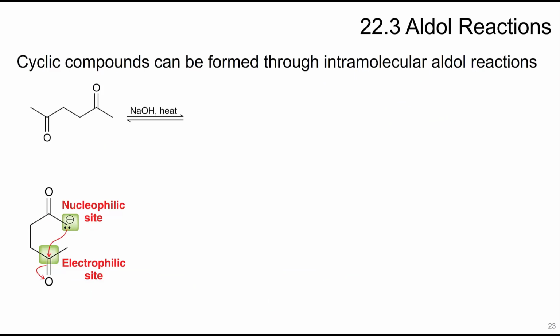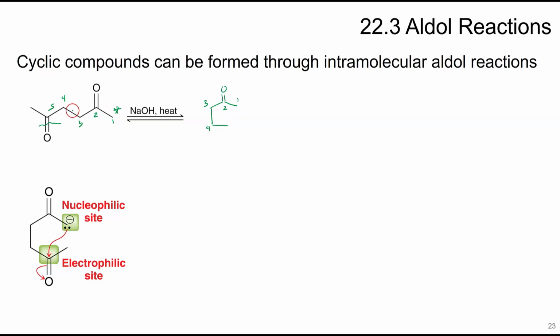We can form cyclic compounds also through intramolecular aldol reactions, and these you would just draw the mechanism inside. So the product that we would form here, one of these is going to get lopped and then kind of connects to the alpha position here. So if I'm drawing that, I have, this is 2, this is 1, I have 3, 4, 5.